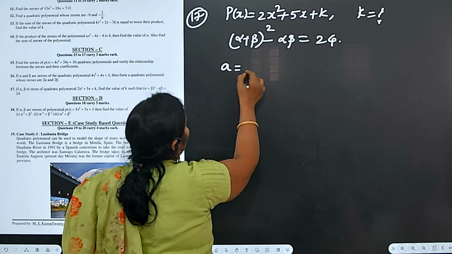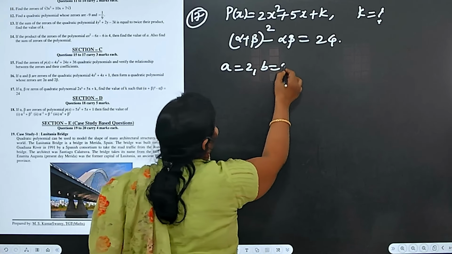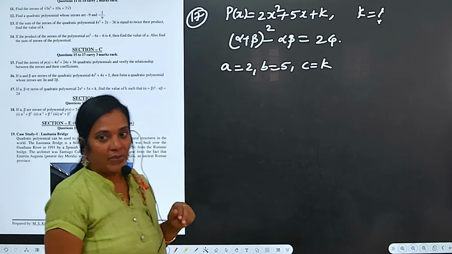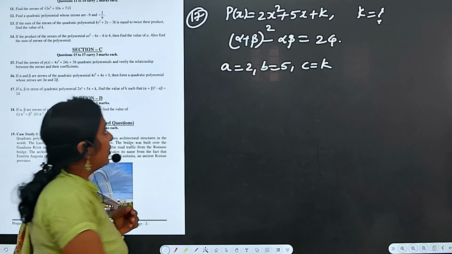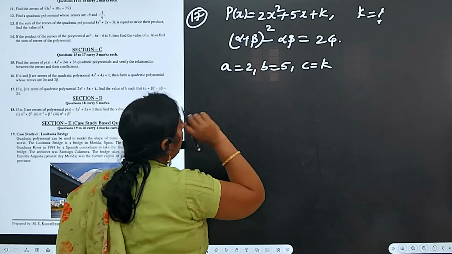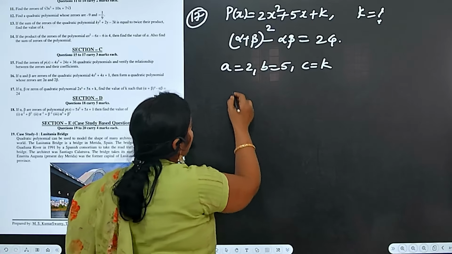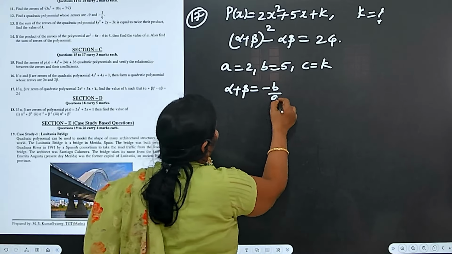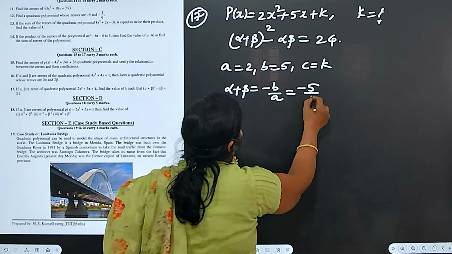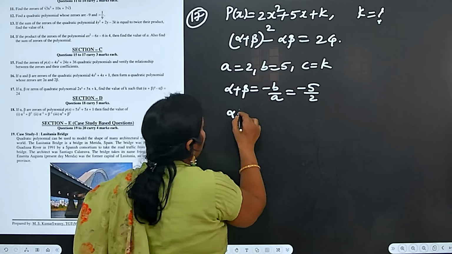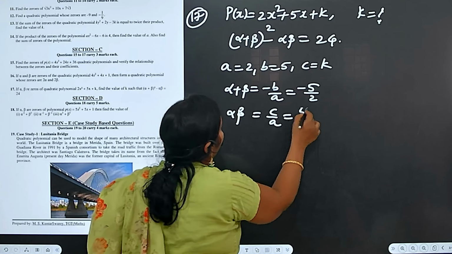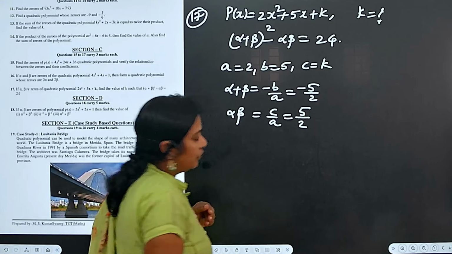Here a equal to 2, b equal to 5, c equal to k. Sum of the zeros we don't know. Alpha plus beta equal to minus b by a, that is minus 5 by 2. Alpha beta equal to c by a, 5 by 2.